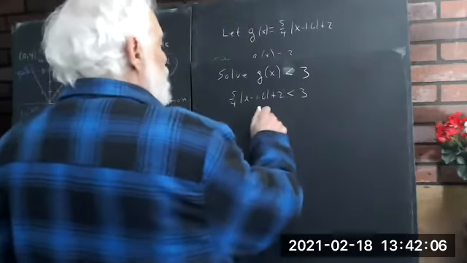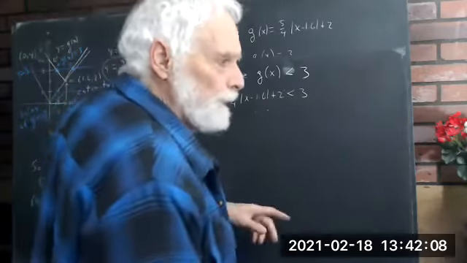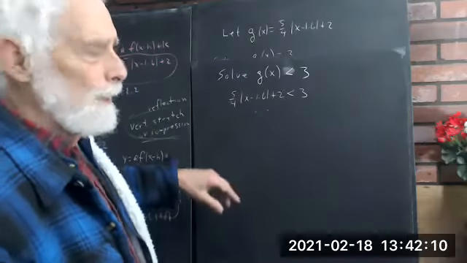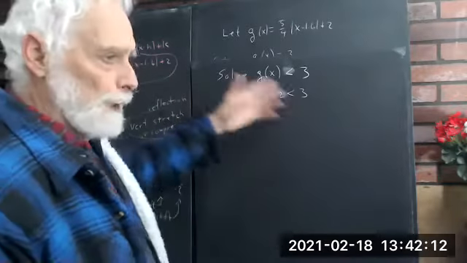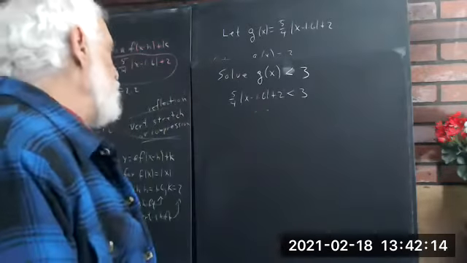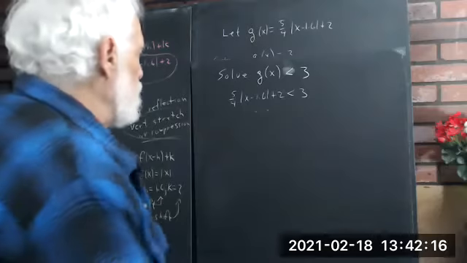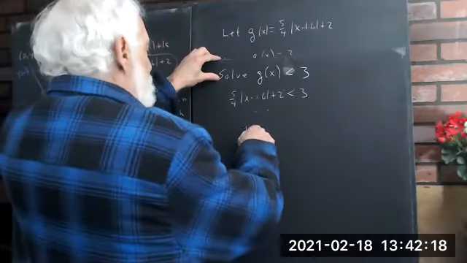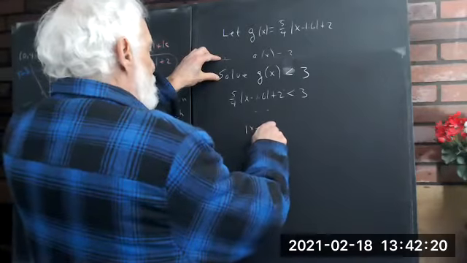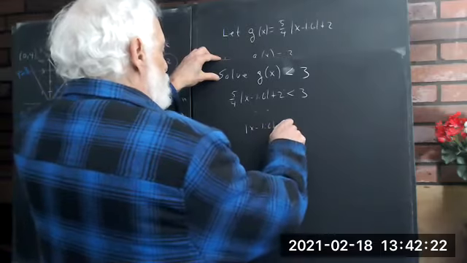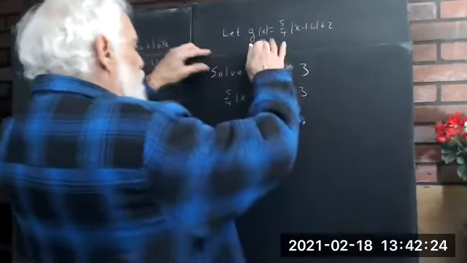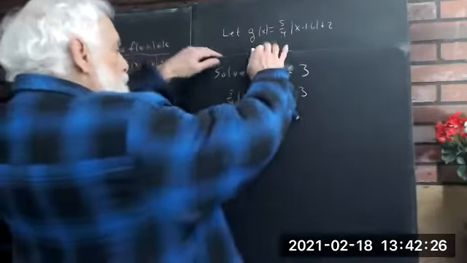And well, we do all the same operations, subtract 2 from both sides. I'll first multiply by 4, then subtract 2 from both sides, and so forth. And we get down to, let's see, just to make sure I've got it right.